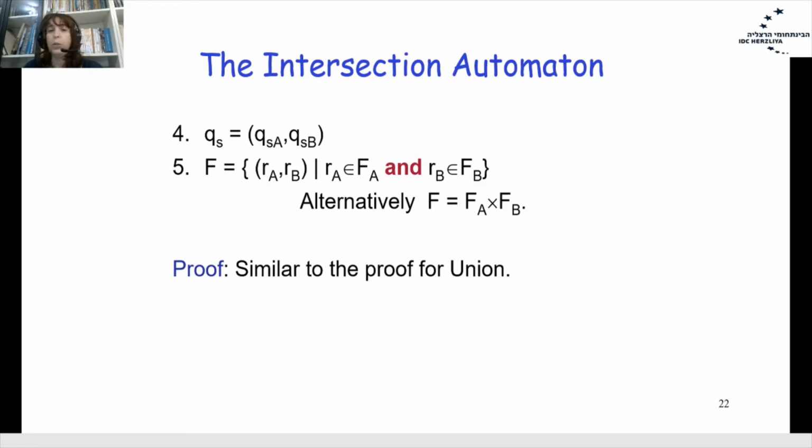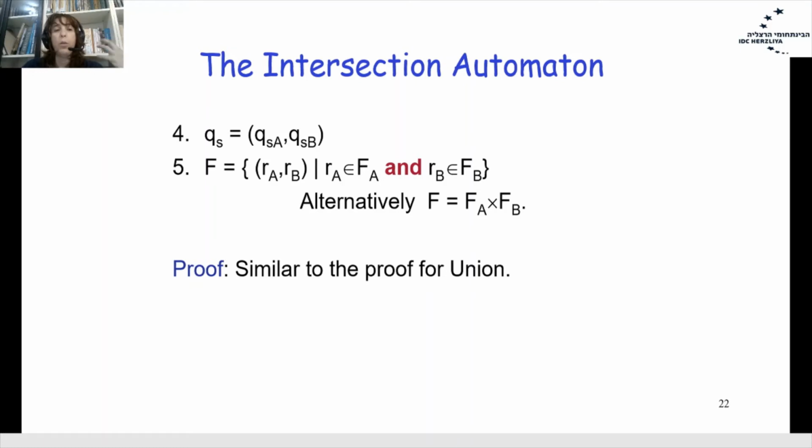Later, we have to define an initial, starting state. QS will be the state where we have the initial state of automaton A, QSA, and the initial state of automaton B, QSB. And for our final states, here we have a difference from union.